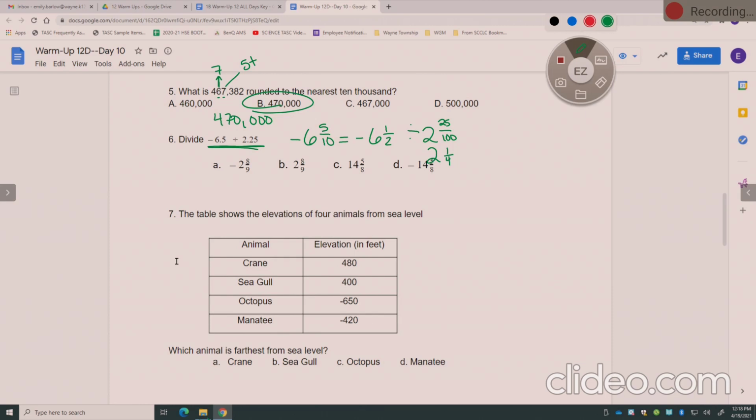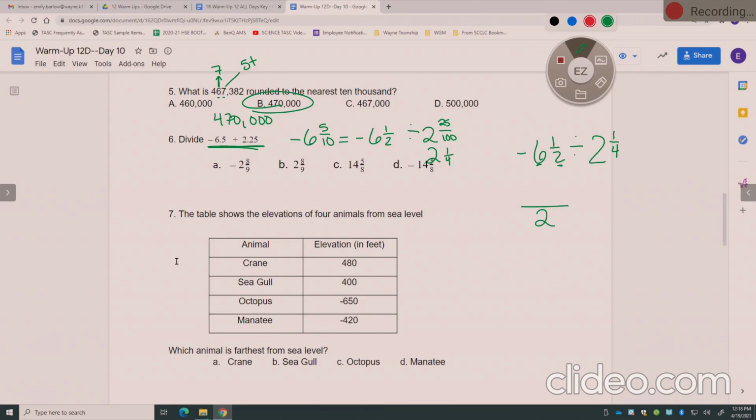Okay, so now what we're looking at is negative 6 and a half divided by 2 and 1/4. But I want to take these mixed numbers and make them into improper fractions. So remember, my denominator stays the same, and to find my new numerator, I take my whole number 6 and multiply it by my denominator.